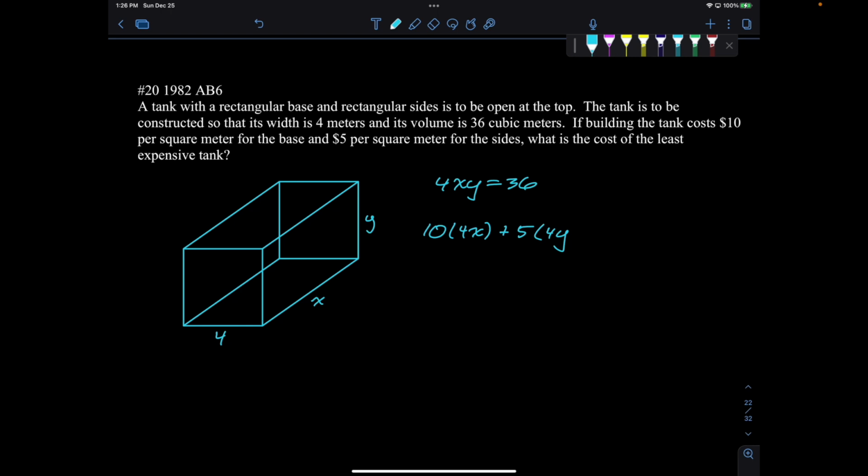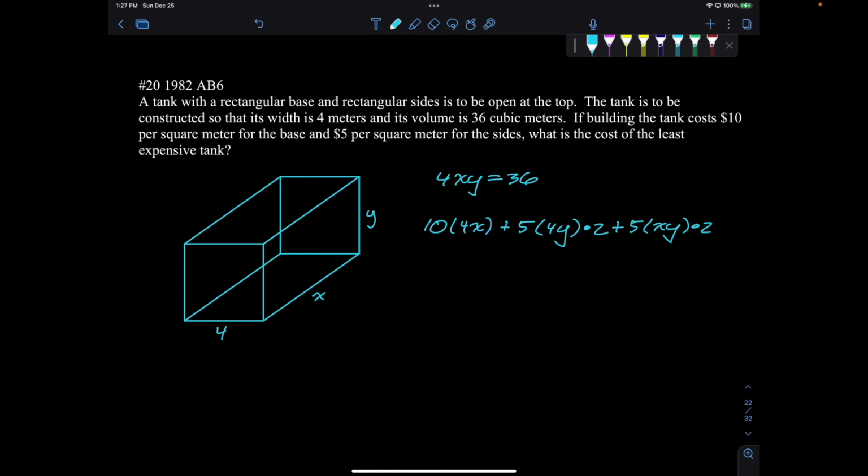Yeah, 4y. And there's 2 of those, so times 2, right? The front and the back. And then another one is xy, and there's 2 of those. So plus 5xy times 2. And this is our cost, so let's call it C. Okay, and our objective is to minimize the cost.